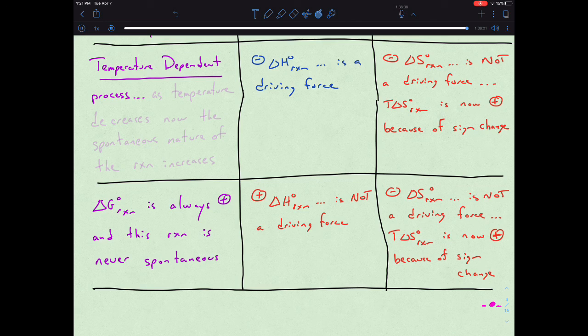So as temperature decreases, now the spontaneous nature of the reaction increases.